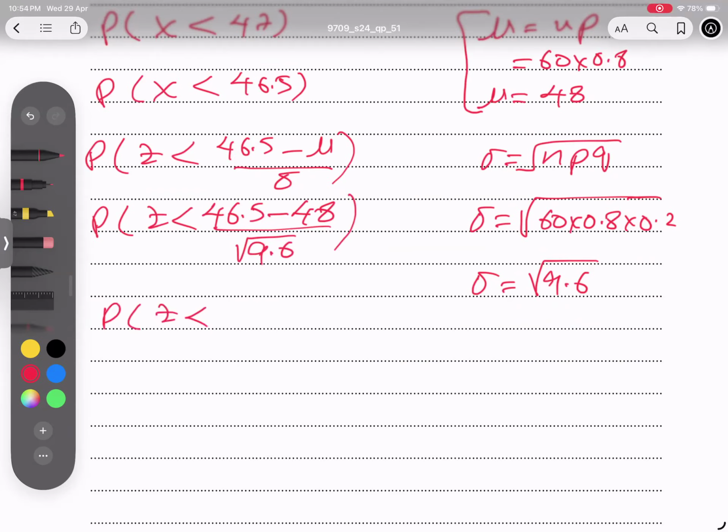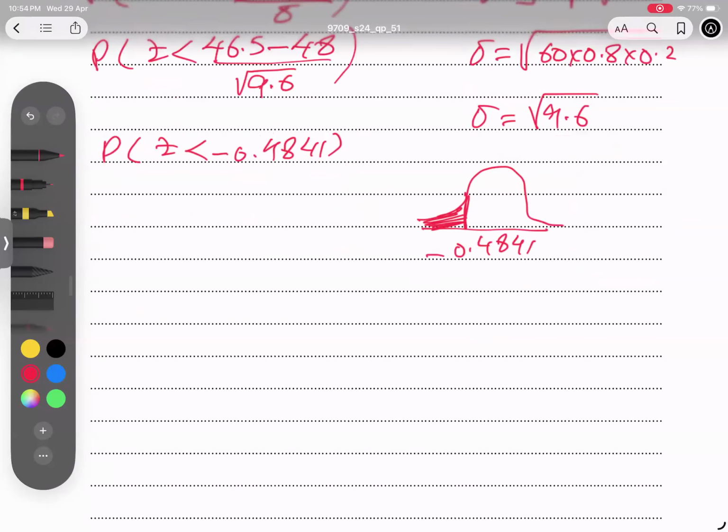When we calculate, this gives a negative answer, negative 0.4841. The rule was: right-hand side positive, left-hand side negative. This portion is called lesser. But negative values are not in the table, so if we draw the same diagram converted into the positive section, these two areas give the same probability.